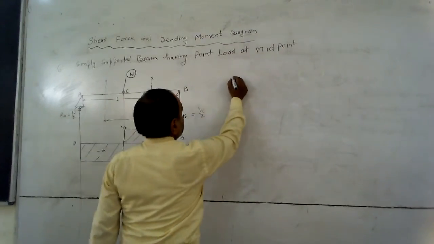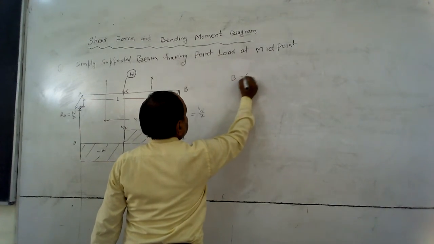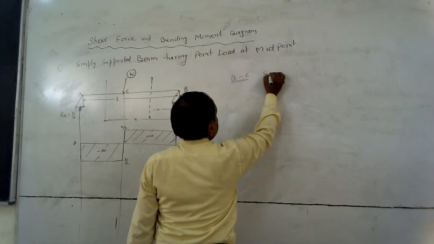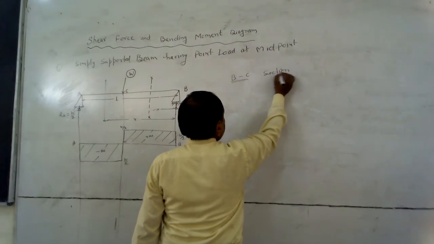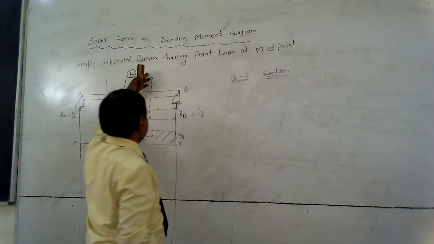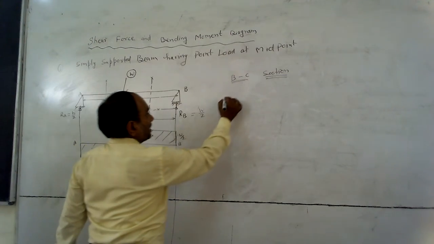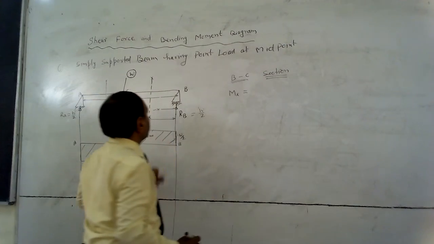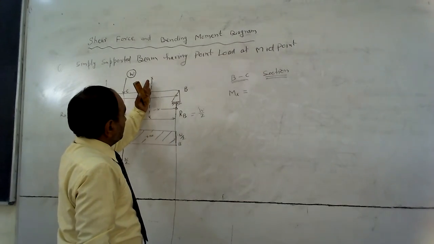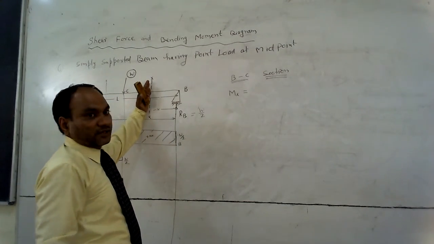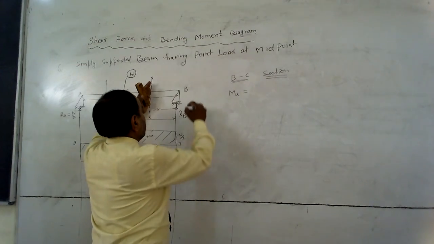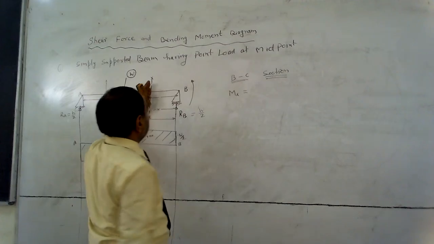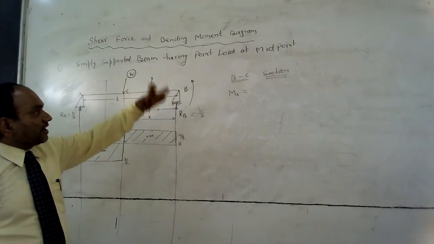For section BC, Mx equals, from here you have to take the bending moment, and the tendency of this moment is to rotate the beam in anti-clockwise direction.